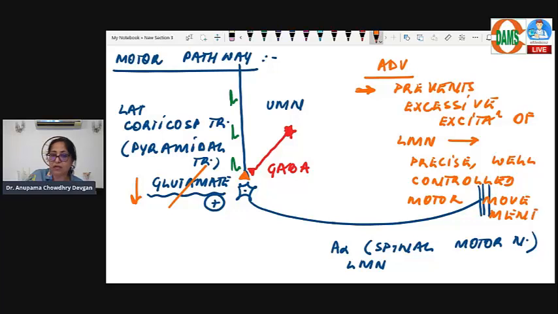This is the advantage of a presynaptic inhibition of the motor pathway. It prevents an excessive excitation of the lower motor neuron.